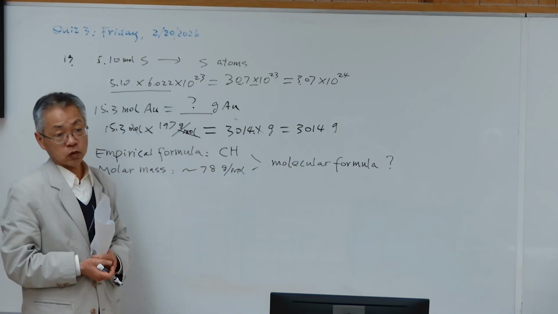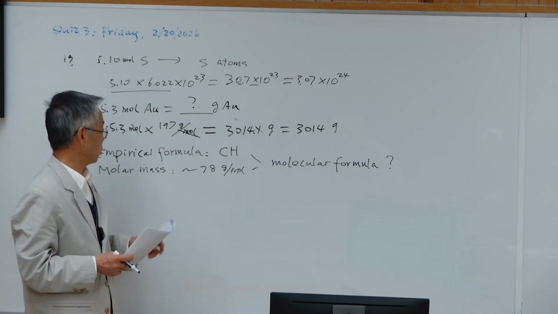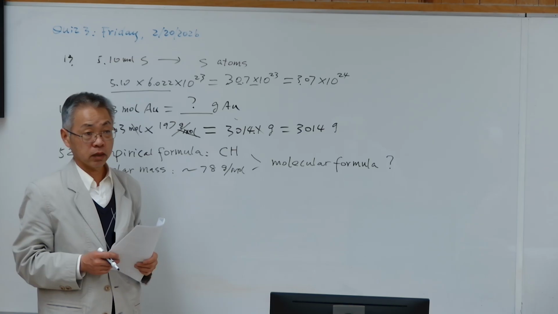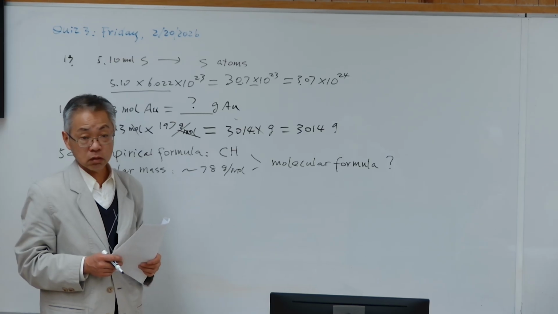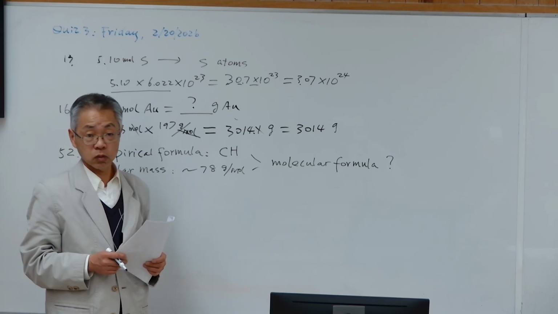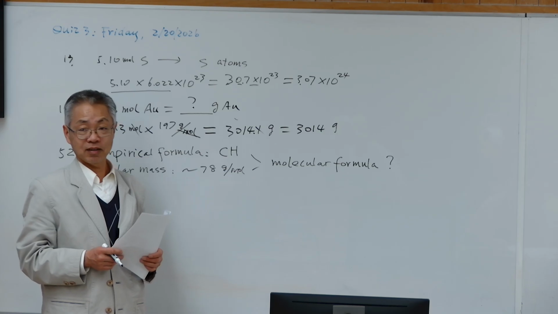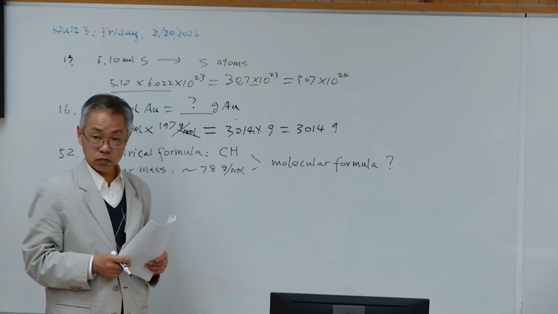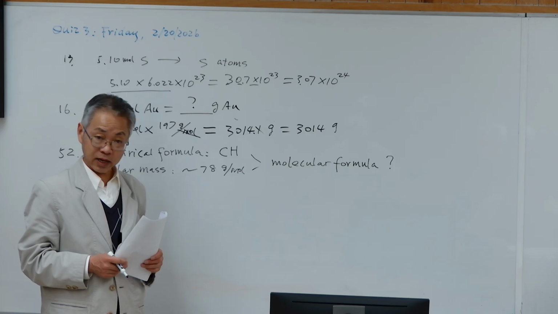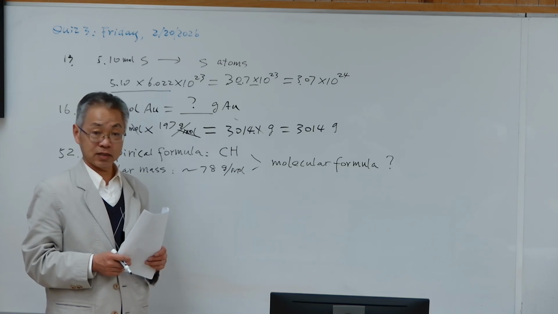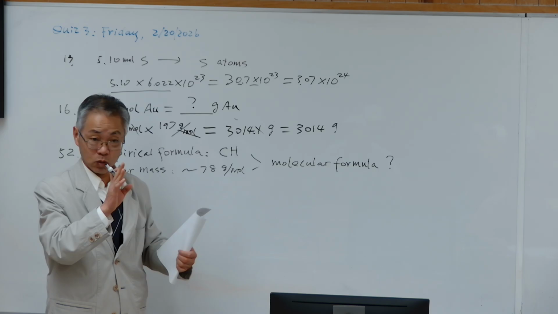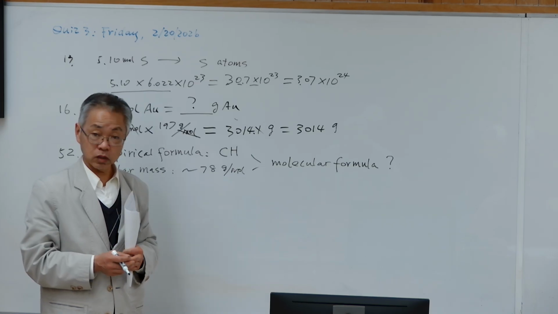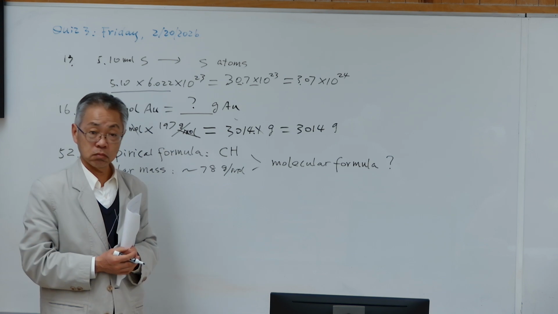First of all, we need to understand the difference between molecular formula and empirical formula. The empirical formula is the whole number ratio of each atom from each element. The molecular formula is the exact number of atoms from each element. Their difference is a whole number. If the empirical formula and molecular formula are the same, that number is 1.